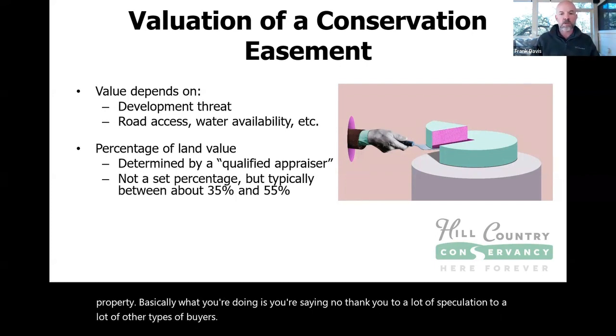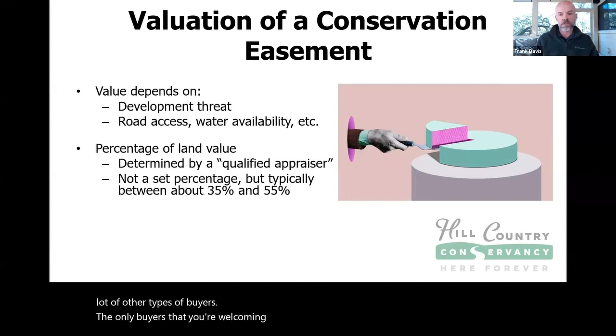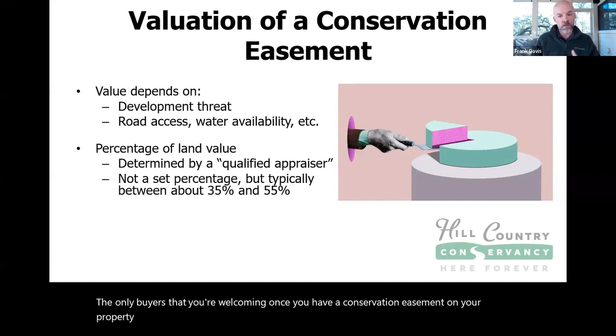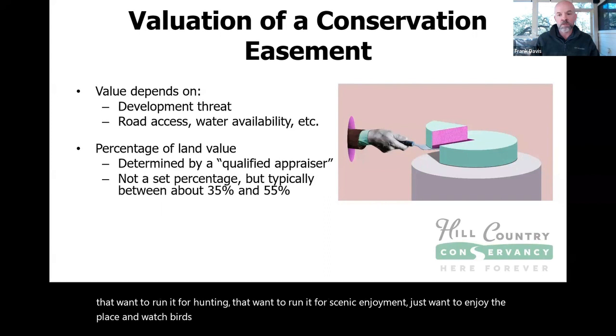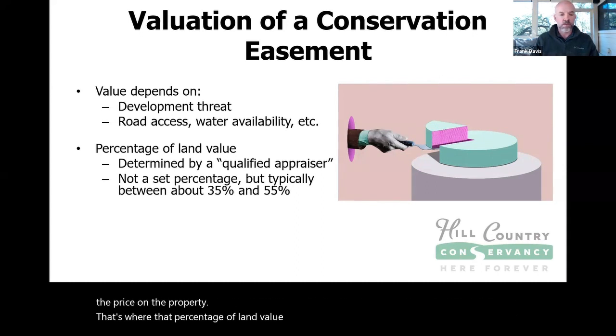The only buyers that you're welcoming once you have a conservation easement on your property, if you were to sell it, would be those that want it intact, that want to run it as a ranch, that want to run it for hunting, that want to run it for scenic enjoyment, that just want to enjoy the place and watch birds. Those are now your pool of buyers. And that does bring down potentially the price on the property. That's where that percentage of land value associated with a conservation easement arises.